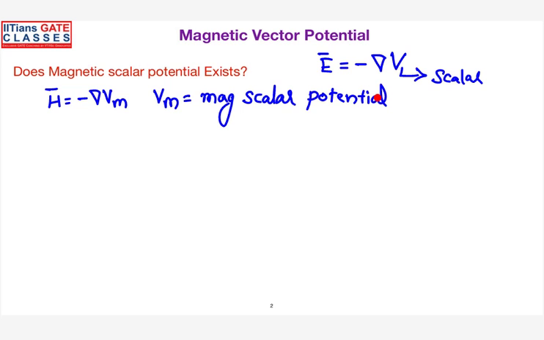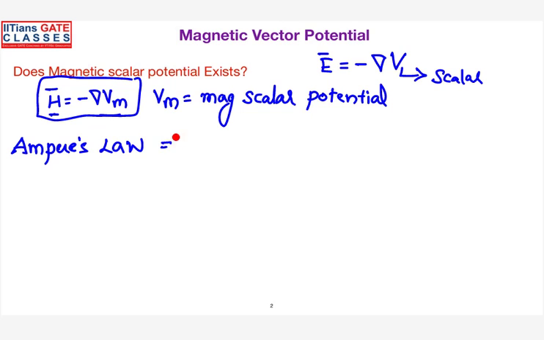So let us see. First, I assume that there is a magnetic scalar potential existing, and I can represent the magnetic field as the gradient of the potential. Now, using Ampere's law, in the previous session we have seen the Maxwell's equations. What is Ampere's law? The curl of the magnetic field intensity is equal to the current density.